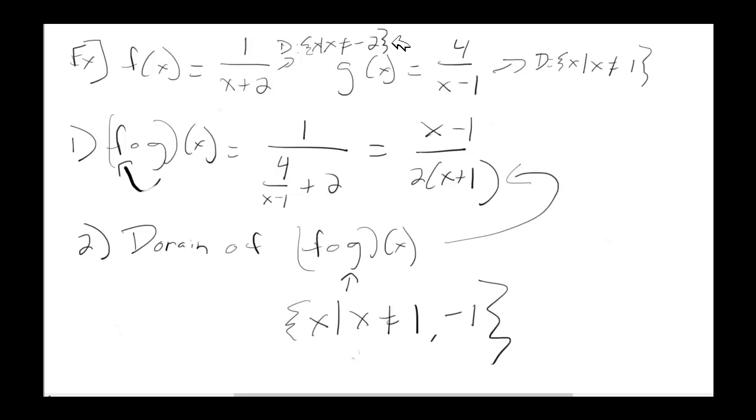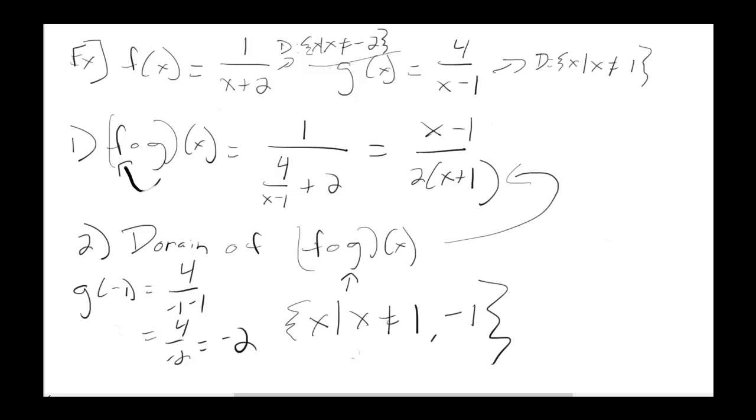And the actual question is, well, what happened to this minus 2 business? The real thing with composition is you're always going through this inputting function first. So let's take a closer look at minus 1. Minus 1 is in the domain of g. If I plug in minus 1 into g, I wonder what we get out of this. It's 4 over minus 1, which is 4 over minus 2, which is minus 2.